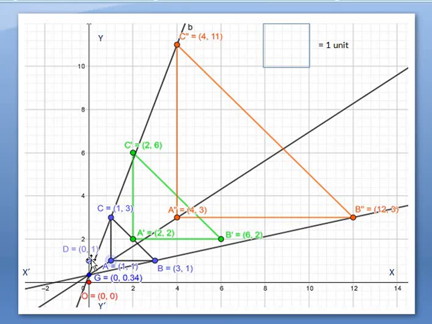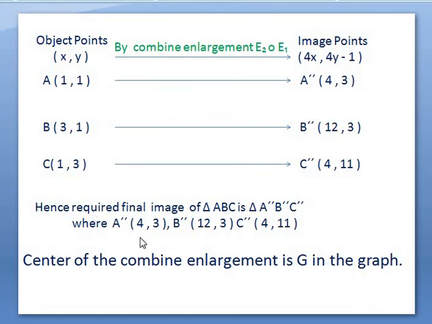Look at here, C and C double prime and B and B double prime. All these three lines intersect at a point G, and this G is the center of the combined enlargement. So you have to indicate only this much. You don't need to find the coordinates. So in the main copy, the center of the combined enlargement is G in the graph. That we have seen here.